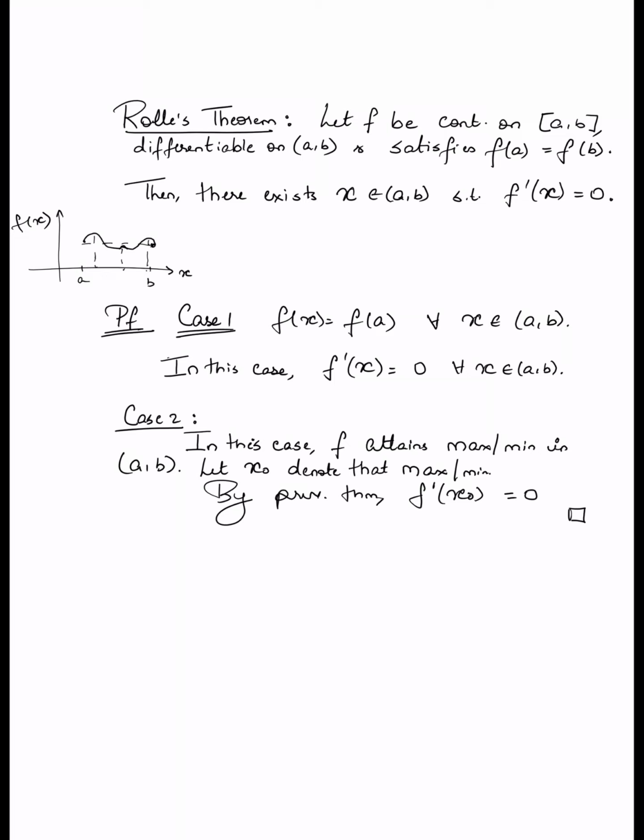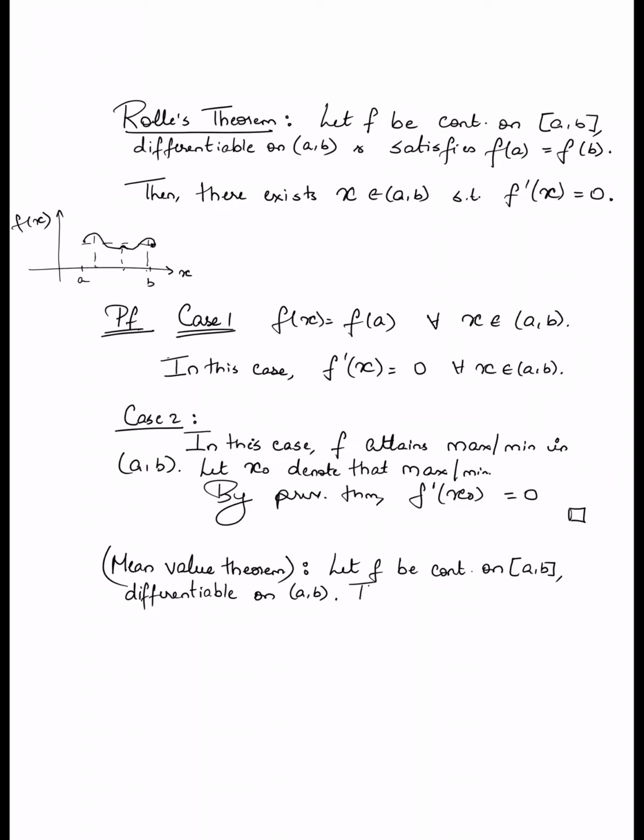Okay, so the mean value theorem is stated as follows. The hypothesis is similar. Let f be continuous on the closed interval [a, b], differentiable on the open interval (a, b).